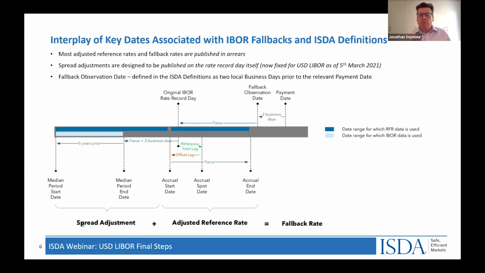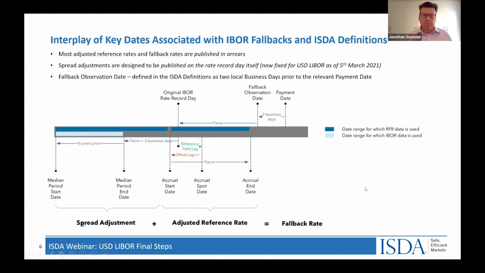And because, as I said, we're waiting for the SOFR rate to appear every day over the tenor period that we need to compound, it's that period of time that we need to wait to find the compounded rate to determine the fallback rate as of what we call the observation date. And we'll come back to this point about how that works within the ISDA definitions in a moment. We move on one more slide.